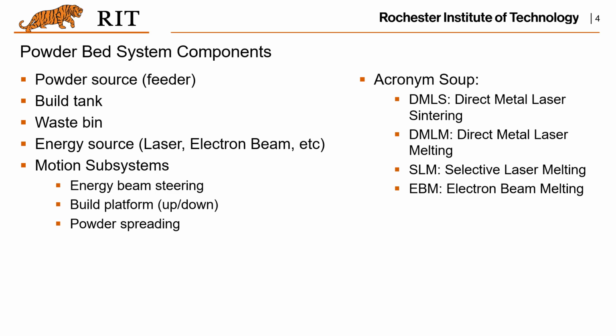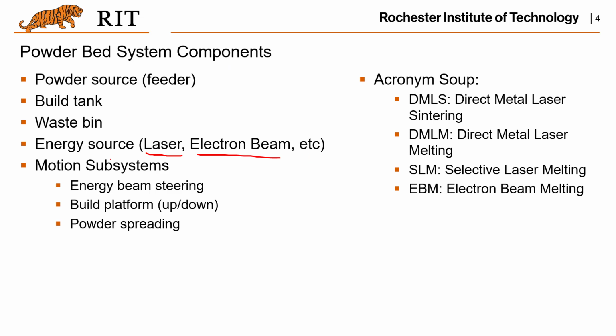So there are a few key components for the powder bed systems. First of all, the powders, right? Powder source, how you handle the powders, and you have a build tank and a waste bin to contain the excess powders. Also, energy sources. That could be laser or electron beams and so on.